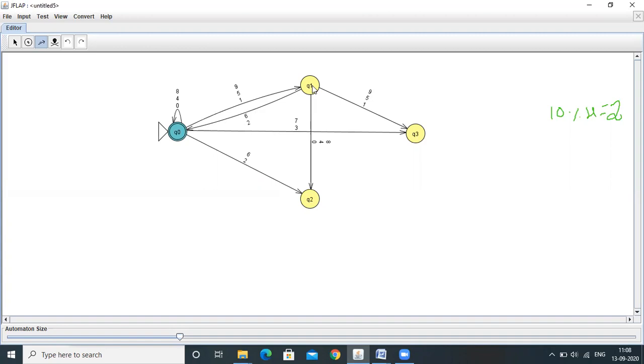Q1 on 7 gives 17. 17 modulo 4, remainder is 1.